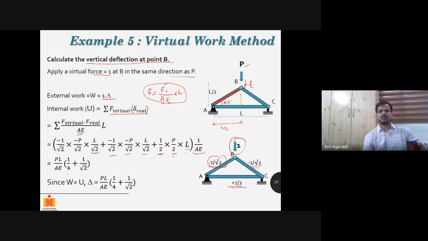You add all of these, and what you get is PL by AE multiplied by 1 by 4 plus 1 by root 2. That is your U value. Since W is equal to U, and W was equal to 1 into delta, delta is equal to whatever we got for U. That's how you can calculate deflection in a truss.